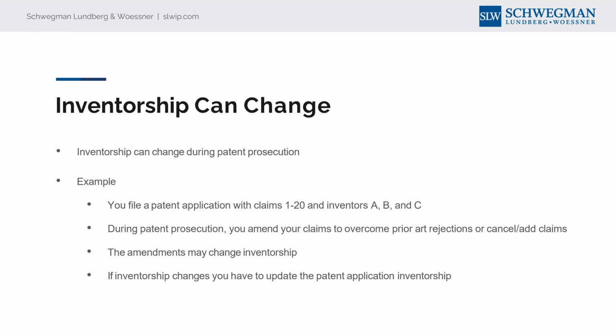You might bring in subject matter that wasn't in the claim originally, but was maybe in an example or an alternative embodiment. And maybe that additional subject matter was conceived of by somebody else. In that case, you might have different inventorship. This is something you will have to update for sure, because you need to have your inventorship accurate.